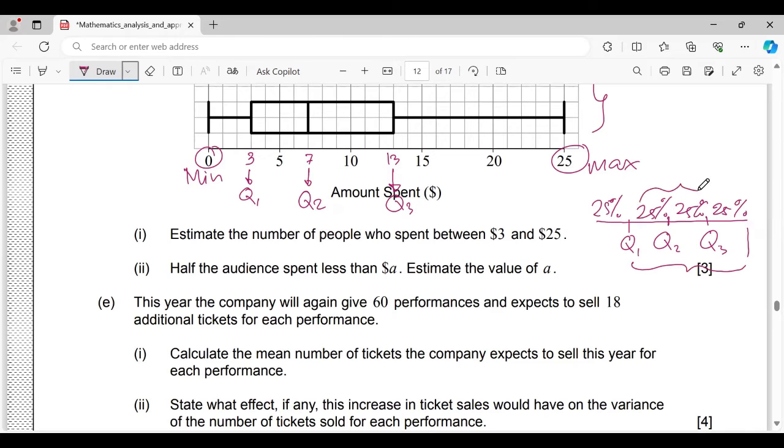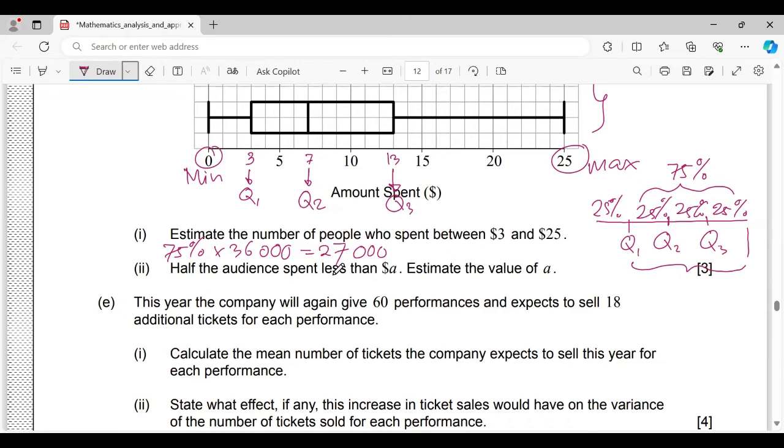Totally, this is 75%. Okay, so number one is 75% times 36,000 equals 27,000.